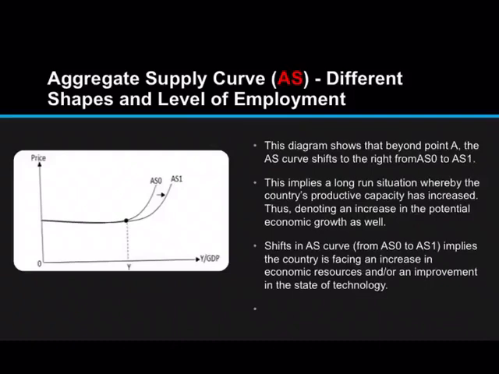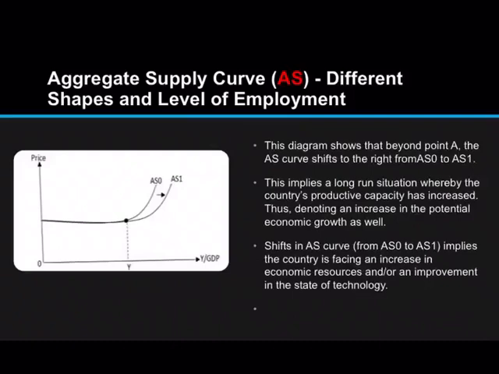This diagram shows that beyond point A, or beyond the output level of YF, the country can produce more if there is an increase in the economic resources or there is technological progress.